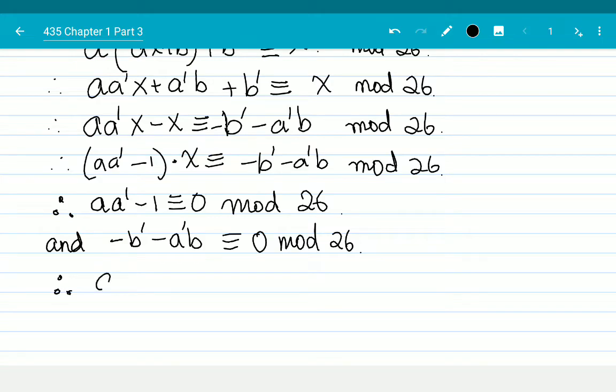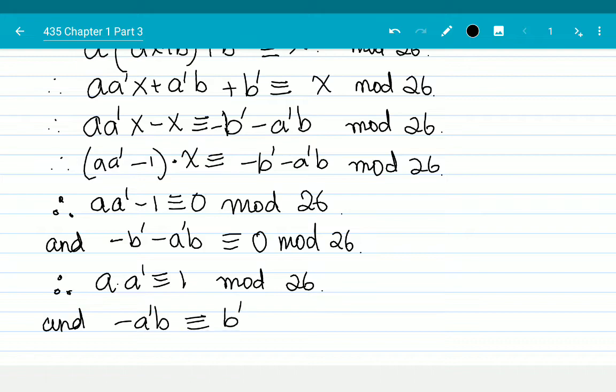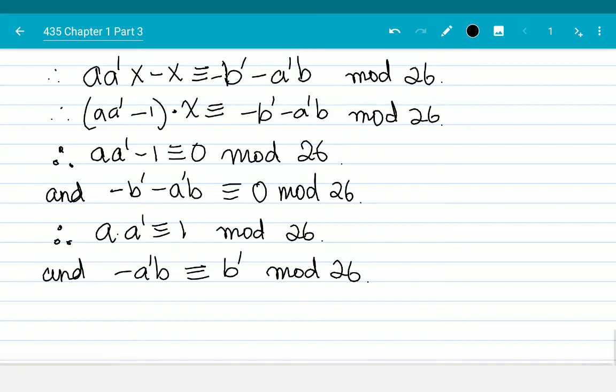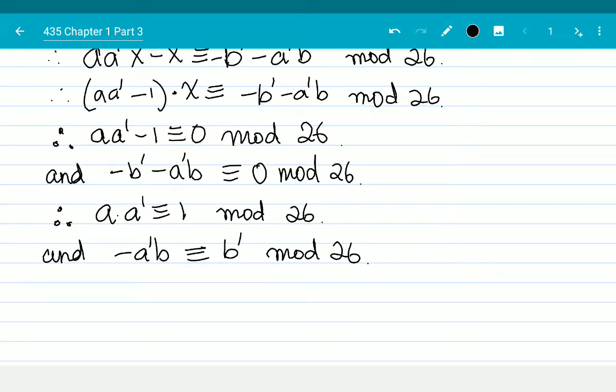Therefore, I get a times a prime is congruent to 1 mod 26, and let me write this down. Minus a prime b is congruent to b prime mod 26. So now the question becomes, how do I solve for a times a prime equal to 1?